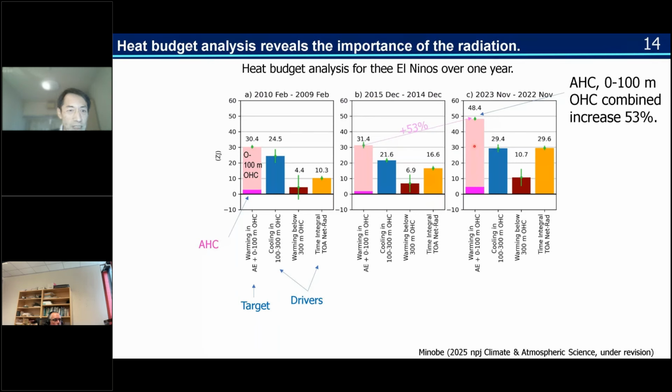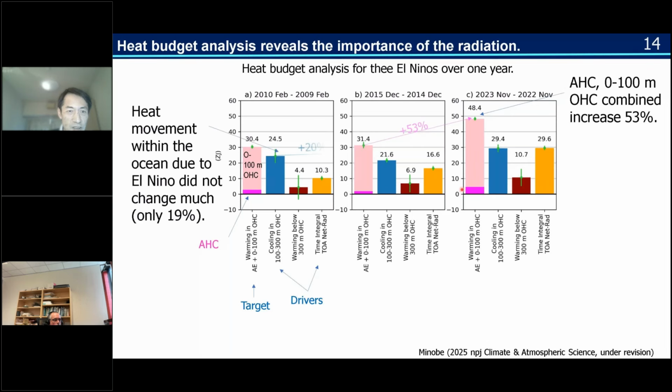The El Nino related ocean heat movement increased, but that is only 20% compared with 2010 and the present event. And the atmospheric energy increased very largely, 77%.